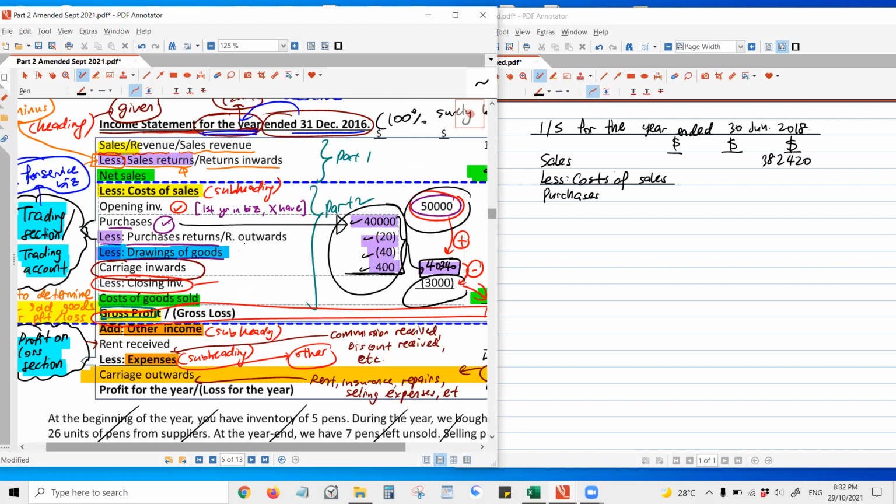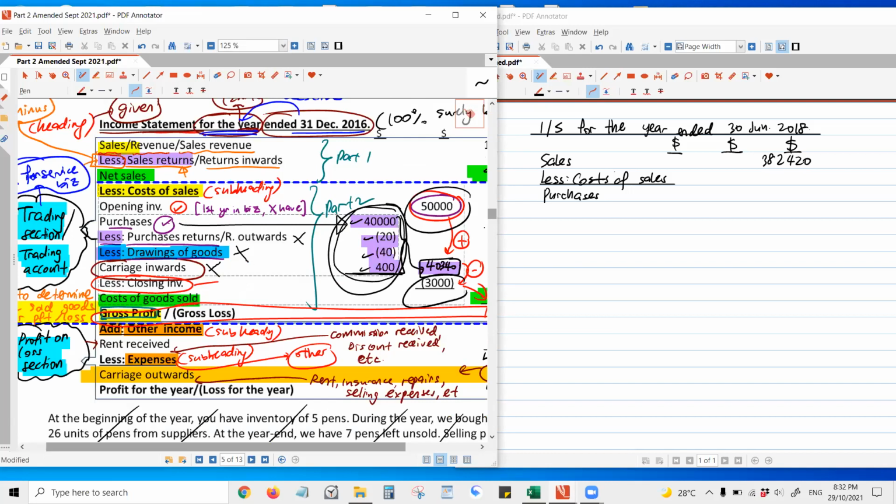But since the question doesn't have purchase returns, doesn't have drawings of goods, doesn't have carriage inward, that means I only have a figure here. Agree? I only have a figure in the left dollar column here. And there's no calculation to do, right? If you have drawings of goods, if you have purchase returns or carriage inward, then there's some calculation to do.